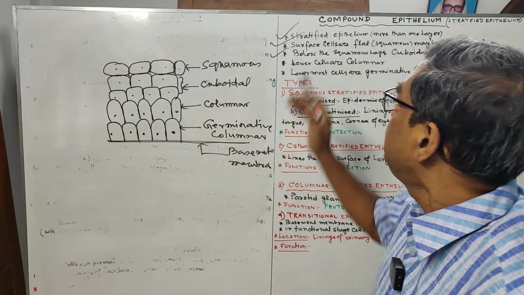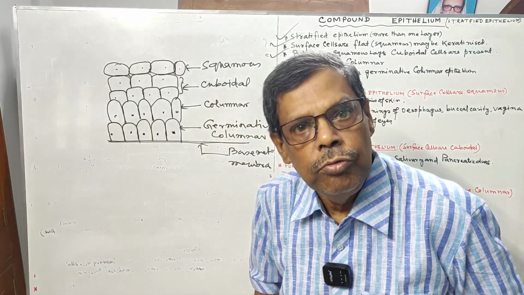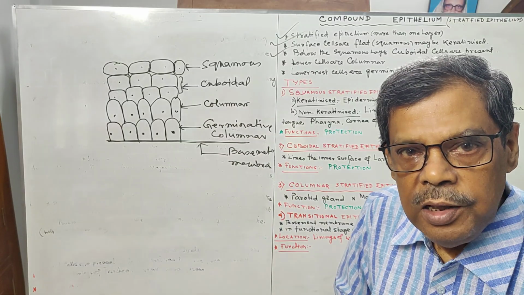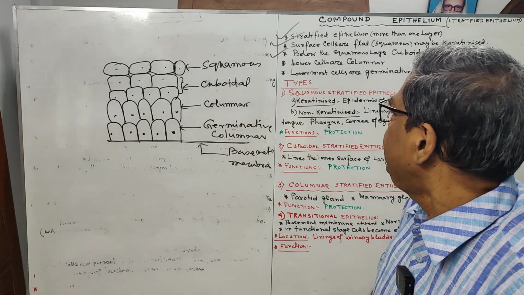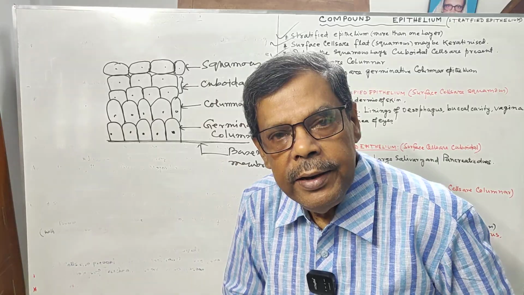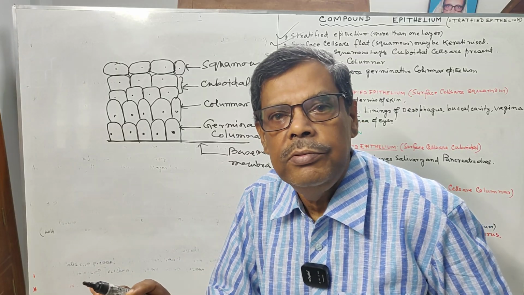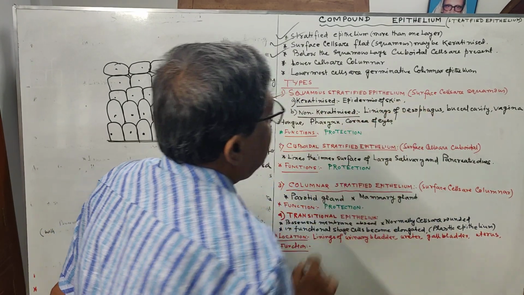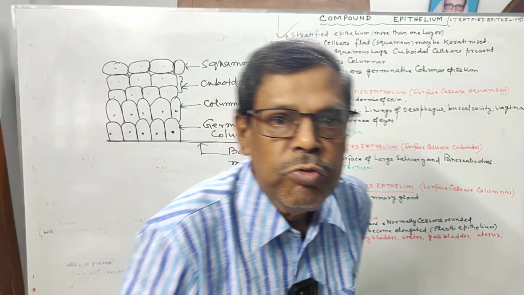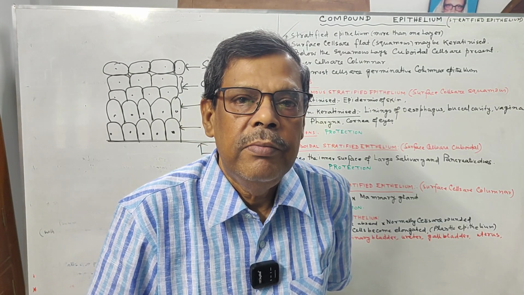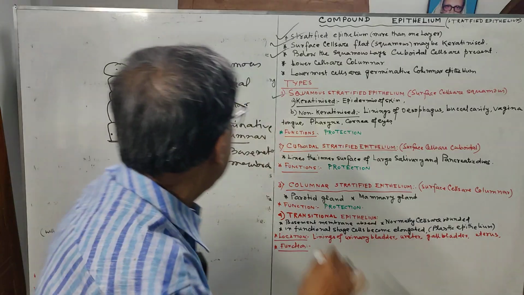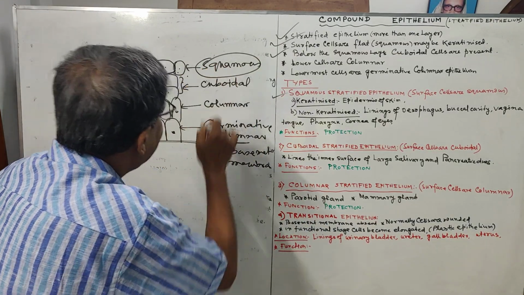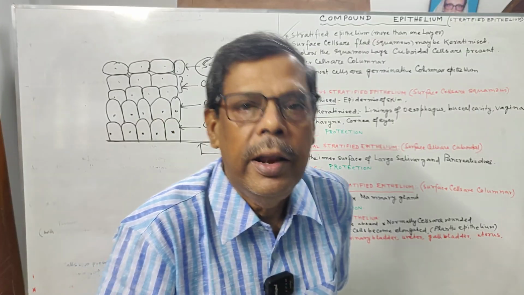These are the compound epithelial tissue. Several layers may be found. These compound epithelial tissues are divided into various types. First, squamous stratified epithelium. In this case, the uppermost cells are squamous, other cells are cuboidal or columnar.